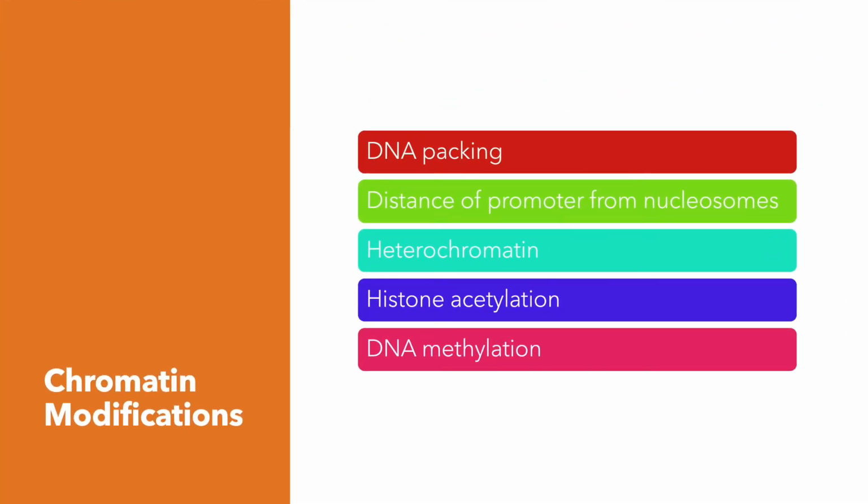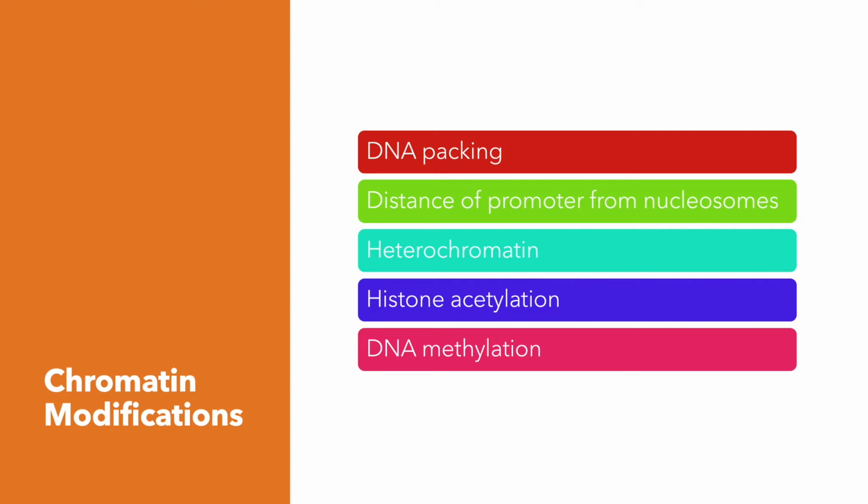DNA packing and distance of the gene's promoter from the nucleosome can affect which genes are expressed. In highly condensed chromatin, known as heterochromatin, genes are not expressed. Acetyl groups can be added to histone tails in a process known as histone acetylation.